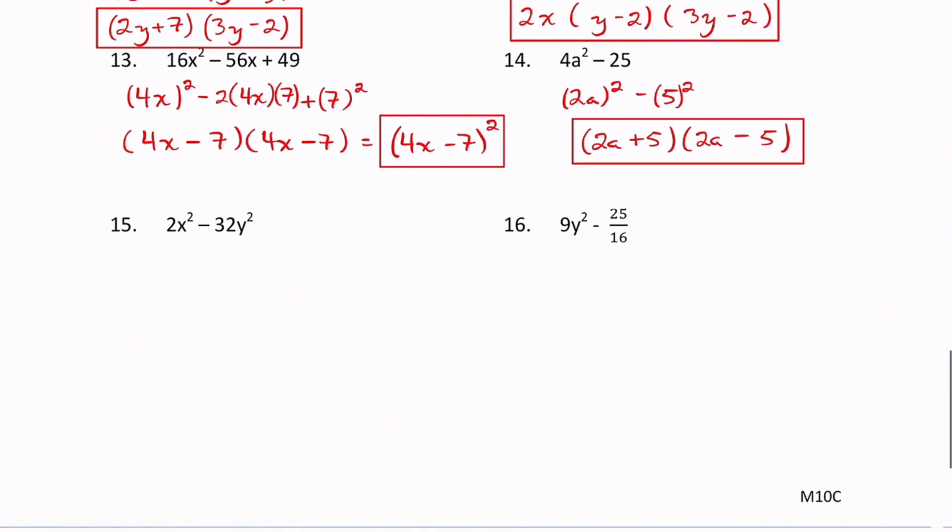Number 15 now, I can see both of these have a factor of 2, so pull out the 2. Okay, so again, I'm trying to think it's going to be a difference of squares. So let's write it as that.